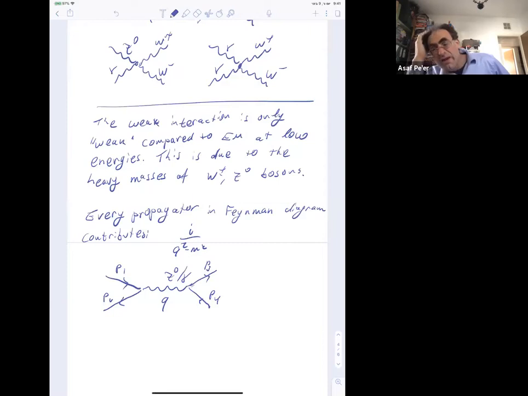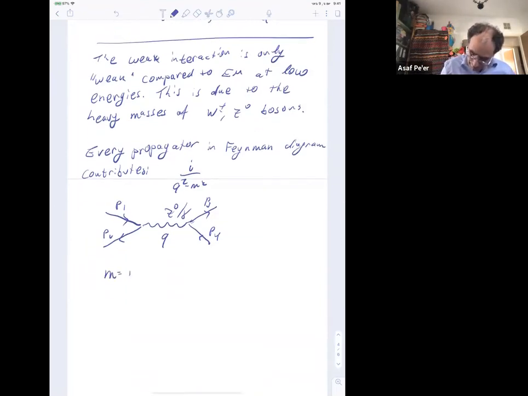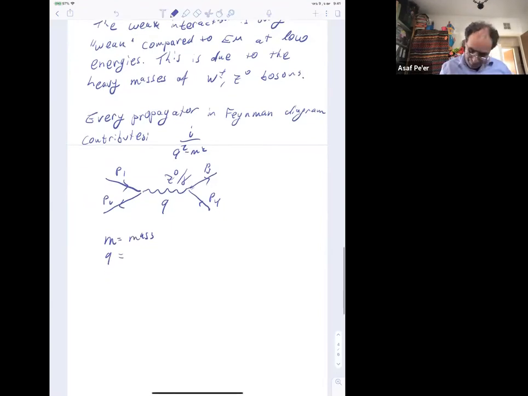That's a way of describing an interaction. So Q is the momentum transfer, and M is the mass of the propagator. This is a transfer, the change in momentum at the vertex.